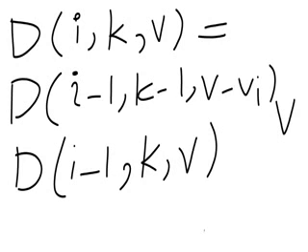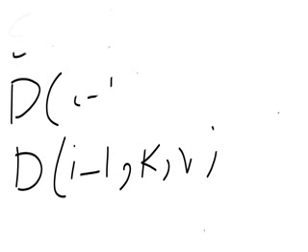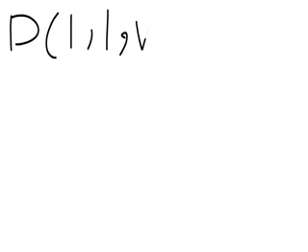Now let's take a look at how we can fill this table up. So here are the base cases that we need to be considering. First of all, if I have only one person I'm considering, and I just want to pick one, and I want v votes, what would be this value?